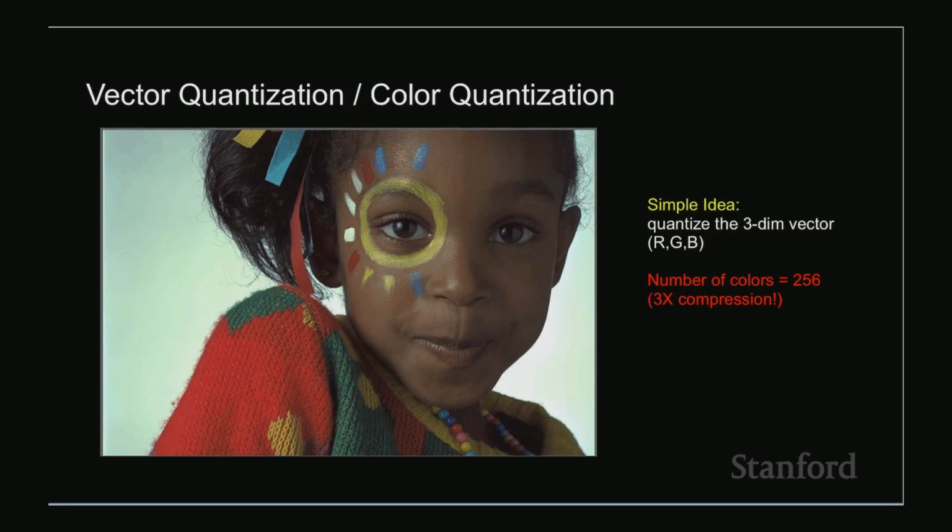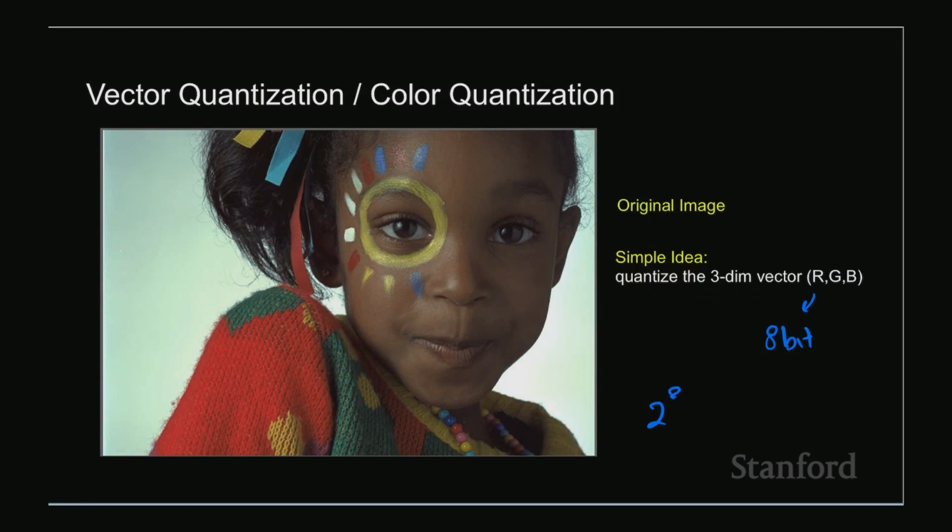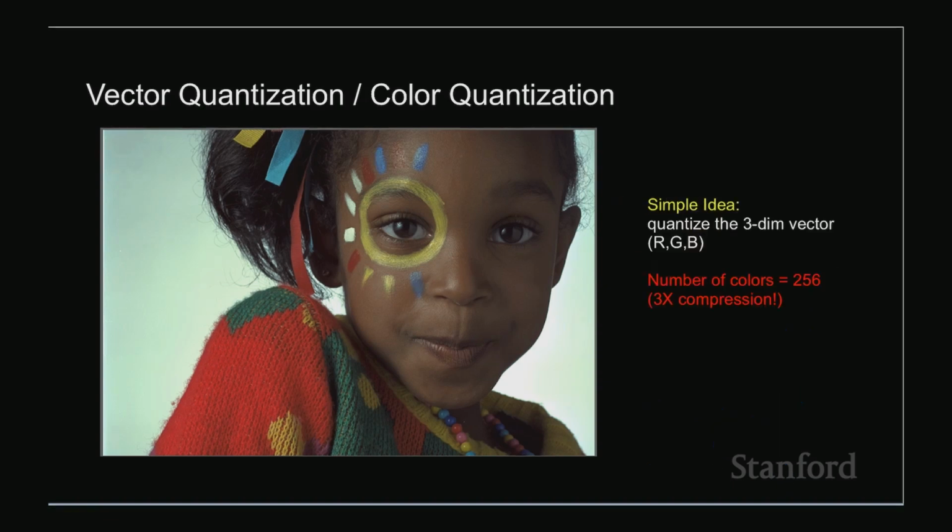Earlier I had options of 2 raised to 8 times 2 raised to 8 times 2 raised to 8, because I can have 2 raised to 8 possible values of R, 2 raised to 8 possible values of G, 2 raised to 8 possible values of B, and each of them represents a different color. But instead of using these many colors, this is how this image looks if you just represent it using 256 colors.